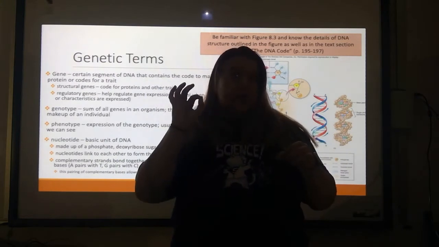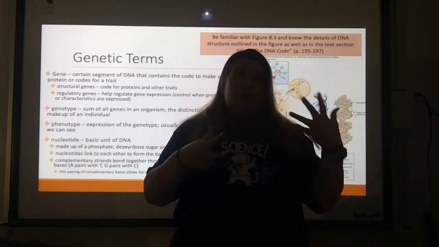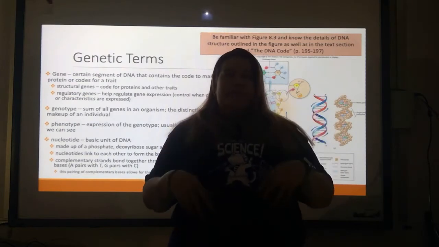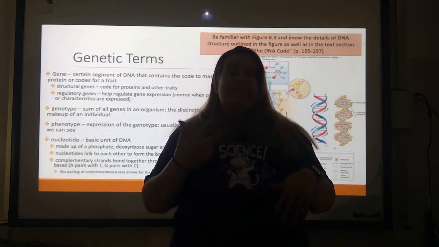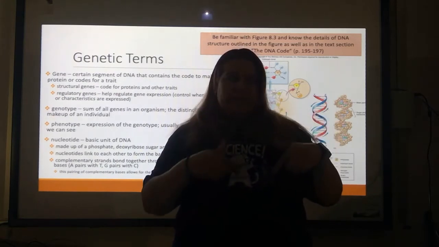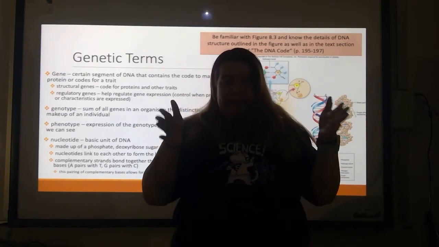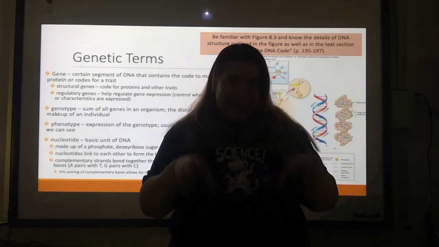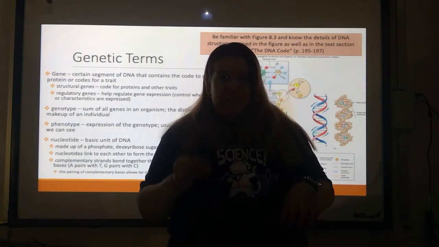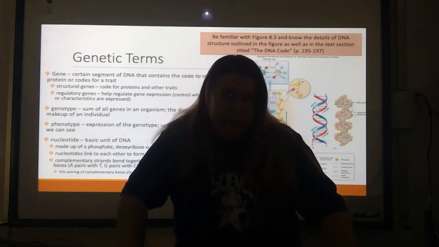Okay? So genotype is adenine, thymine, uracil, adenine, thymine, cytosine, guanine, cytosine, thymine, guanine, cytosine. That sequence is the genotype. What does it say? Phenotype is, when I'm looking at you, what do I see?